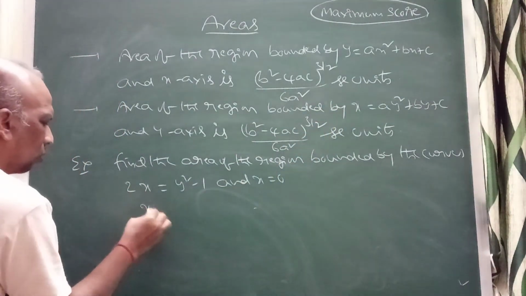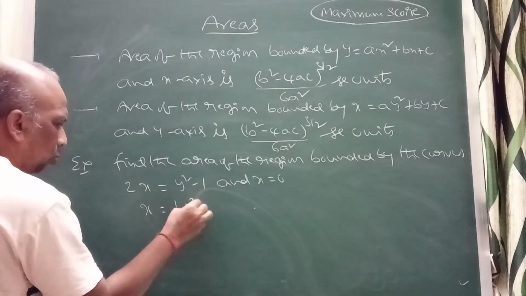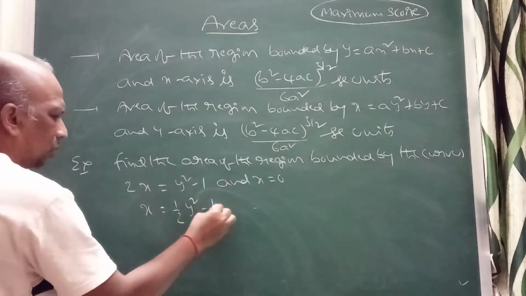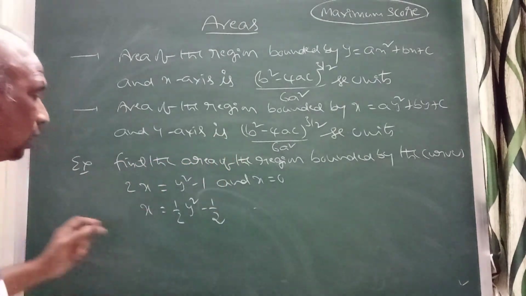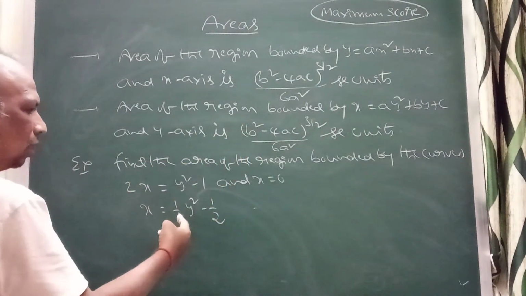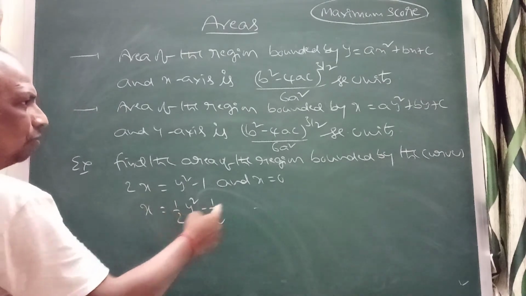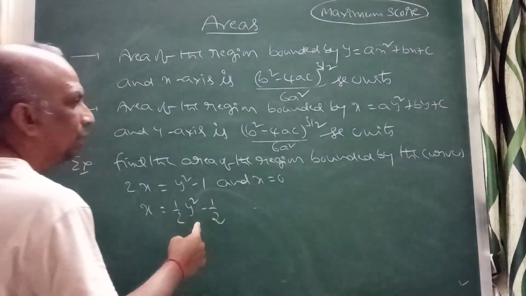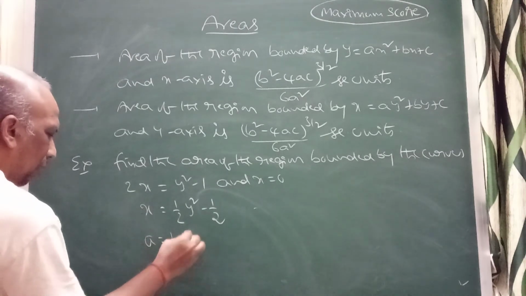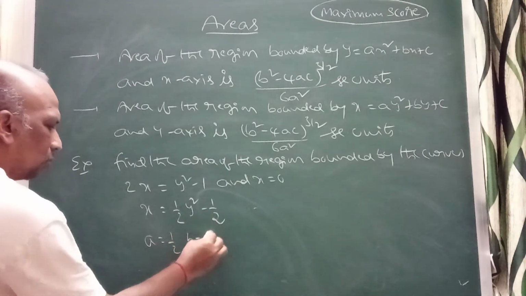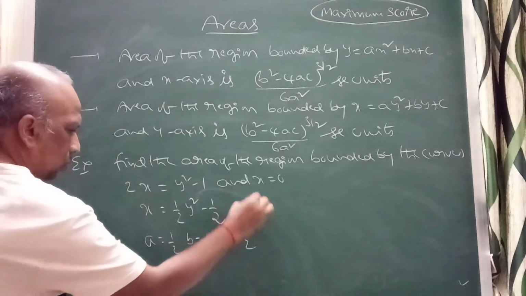So x is equal to 1 by 2 y square minus 1 by 2. Now to find the discriminant, you can check the a value: a is equal to 1 by 2, b is equal to 0, c is equal to minus 1 by 2.